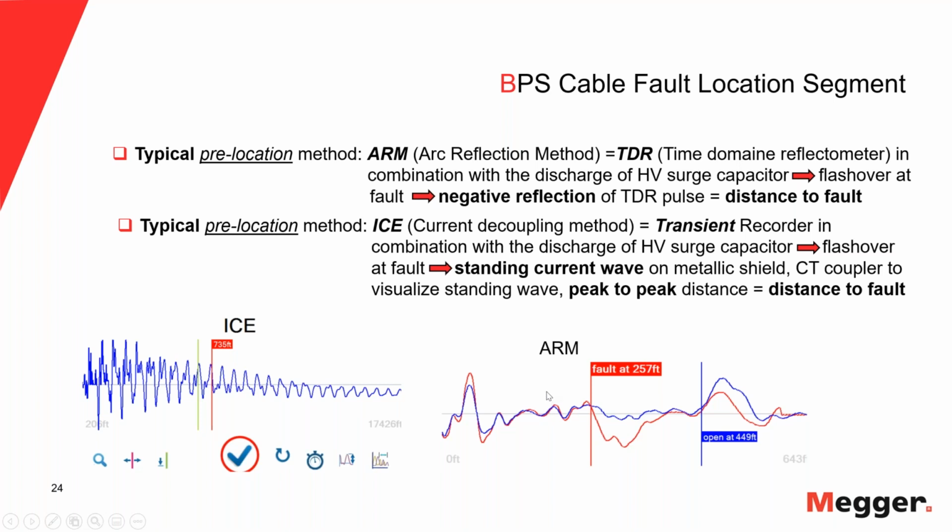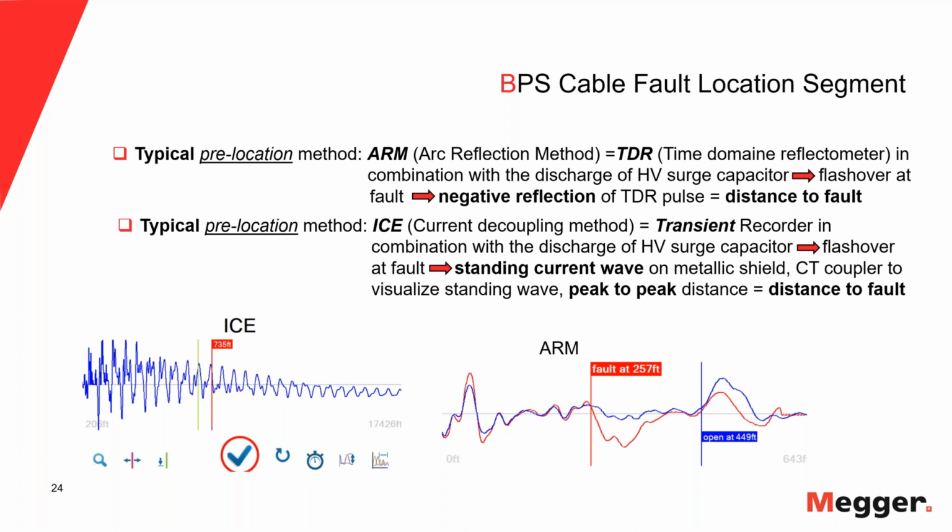Now, if you look at this process of arc reflection, we have to create a flashover first, and then we have to shoot in the TDR pulse, and everything has to happen at the right time. It has to be synchronized, so the TDR pulse sees an arc.